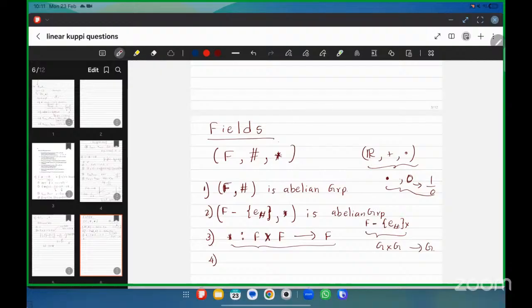So here we are checking 0 into the other elements of F. If it gives the same set elements, we can tell it fulfills the third condition. So in the third condition, we are particularly checking that E sharp thing.